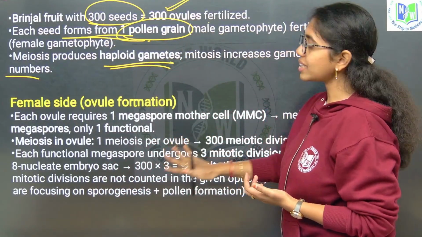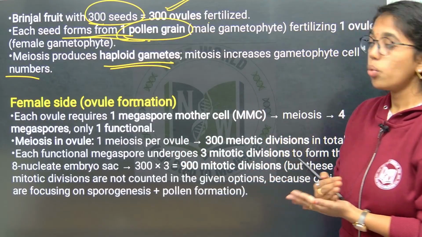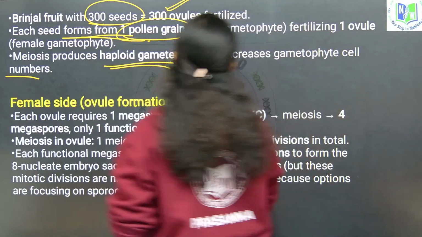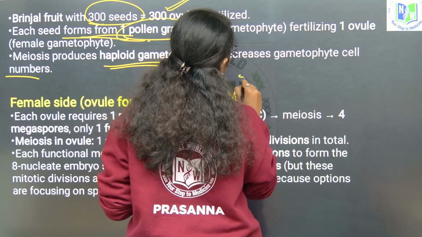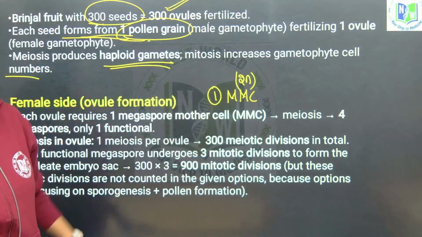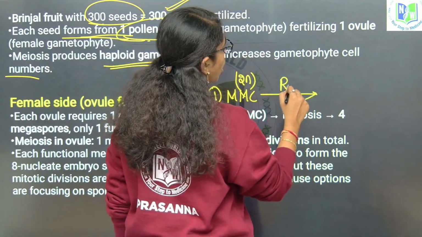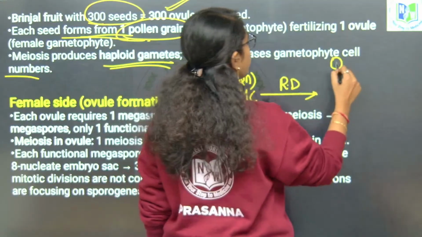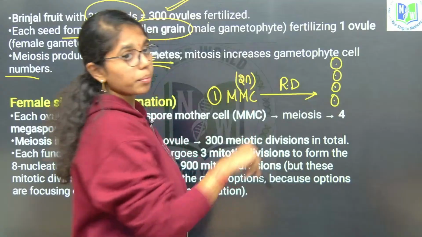Inside the ovule, each ovule requires 1 megaspore mother cell. The megaspore mother cell is diploid, you remember. This diploid megaspore mother cell will undergo meiotic division, or reductional division, forming 4 linear megaspores.